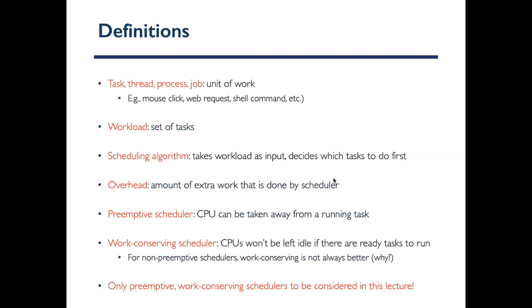Because if there was a task in the ready queue, it should get scheduled and use the CPU. So we're not going to leave the CPU underutilized if we have a work-conserving scheduler. Now here's an interesting question. If you have non-preemptive schedulers, if your scheduler cannot preempt tasks, then work conserving is not always a good thing.